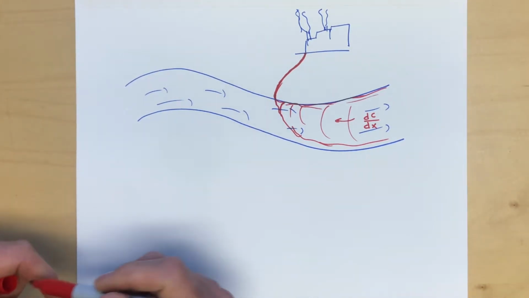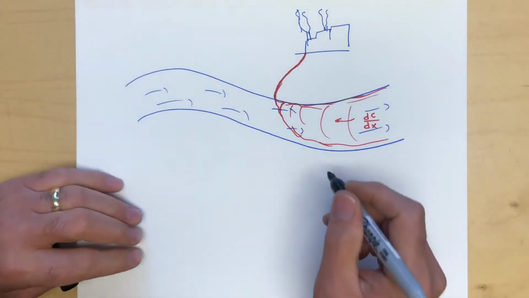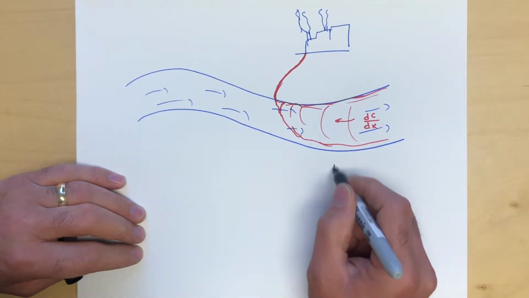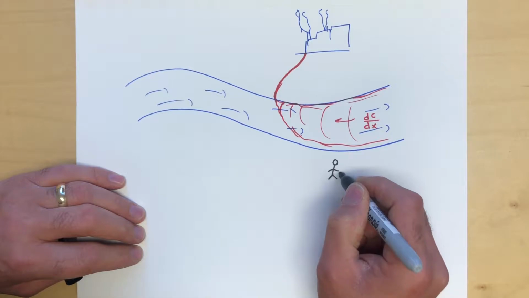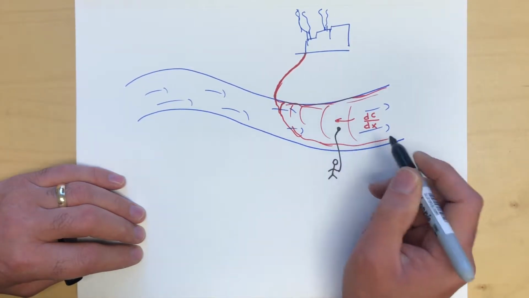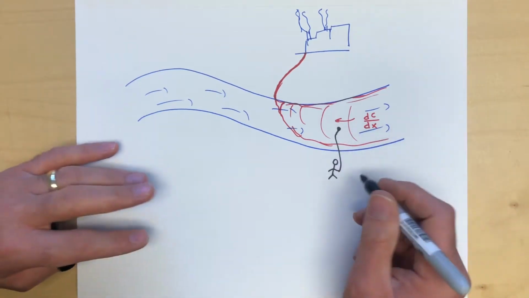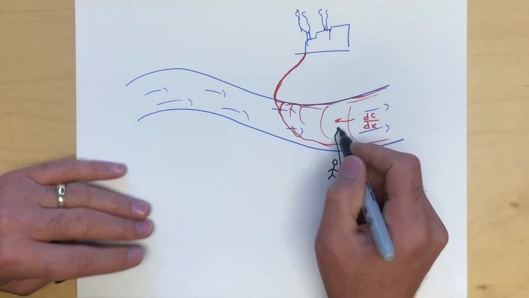Okay, so now let us consider a person. Let's say you want to measure the concentration at a point. What you would do is send one of your grad students. They would come here and throw in a little tool that measures concentration, and we're going to assume that the concentration doesn't change in time.